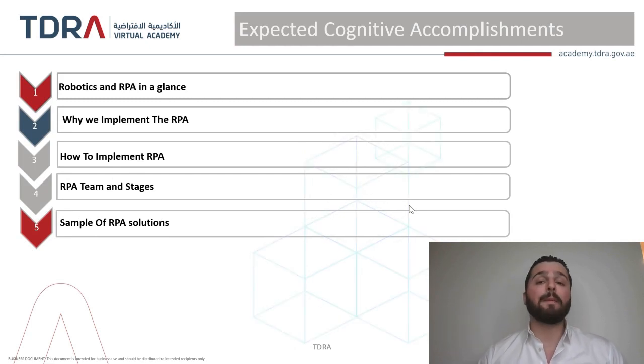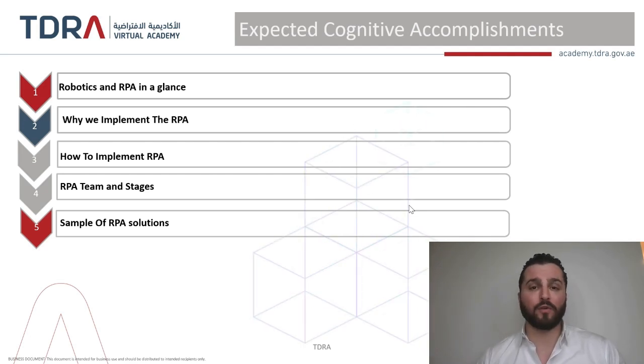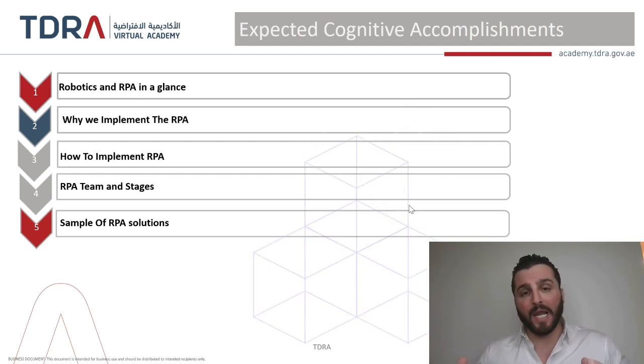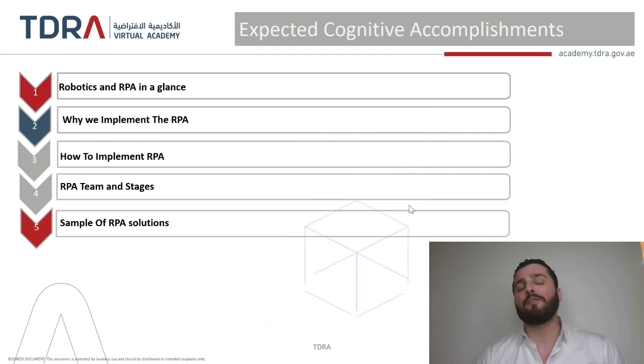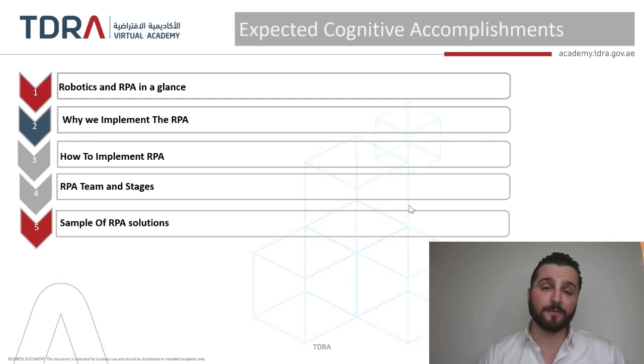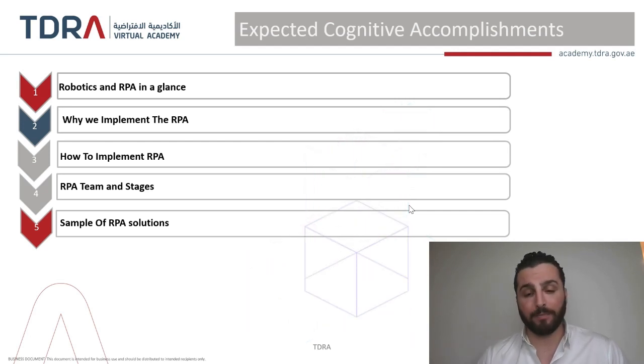We'll talk about why we implement RPA, how to implement RPA, building your own team for RPA for your particular organization, and letting this team apply a certain transformation policy to implement RPA. We'll look at samples of RPA solutions that can be utilized during the transformation journey, and I will shed light on hyper intelligence and how we're going to use hyper intelligence as the next level of RPA.